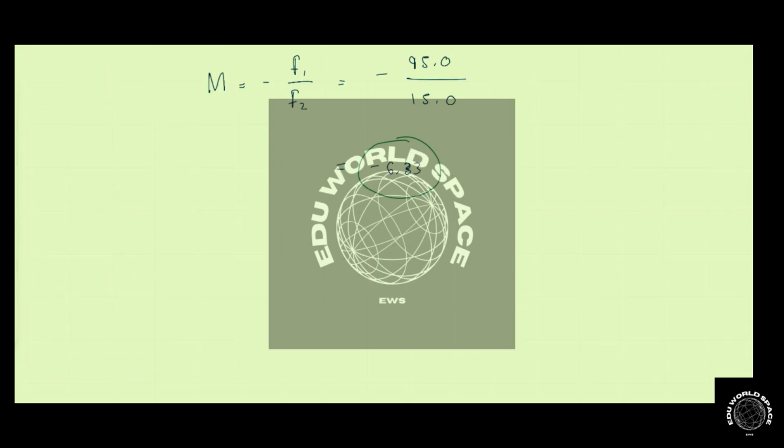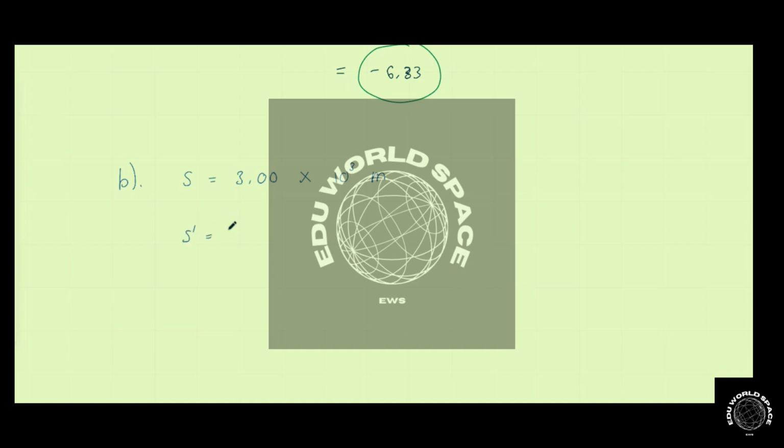Now, secondly, in part B, we are asked to find the height of the image. Now we know the distance s to the object is 3 kilometers, or 3 times 10 to the 3 meters.